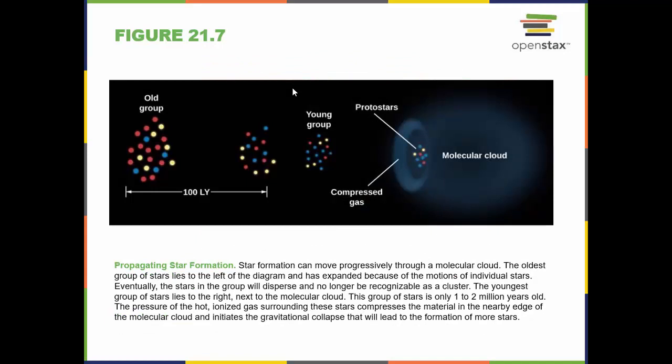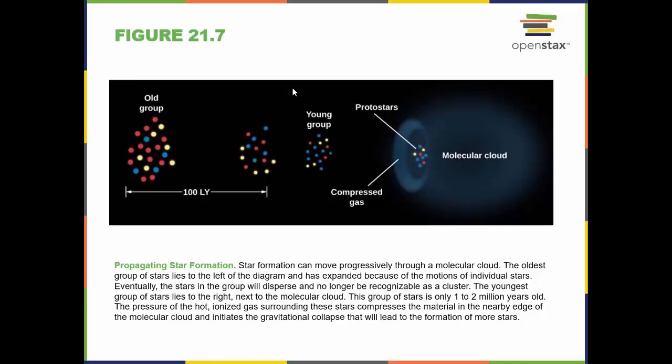So how does this all work, right? If we look at the propagating star formations, we see that the star formations can move progressively through a molecular cloud, right, which has gas and dust. And the oldest group of stars lies to the left of the diagram and has expanded because of the motion of the individual stars.